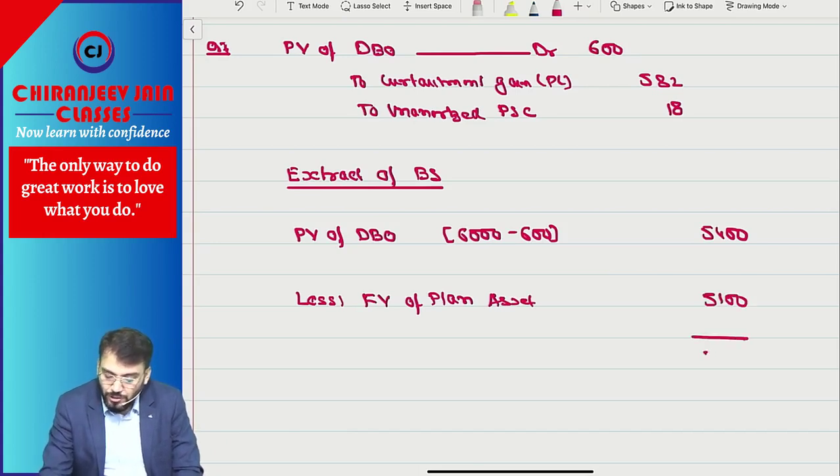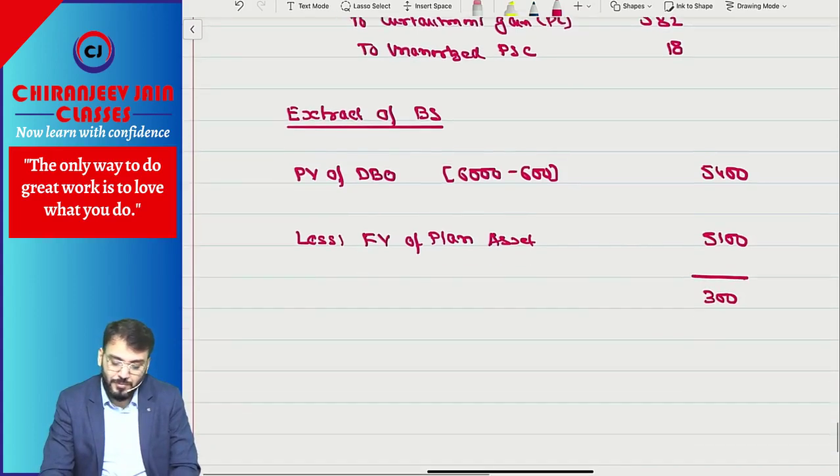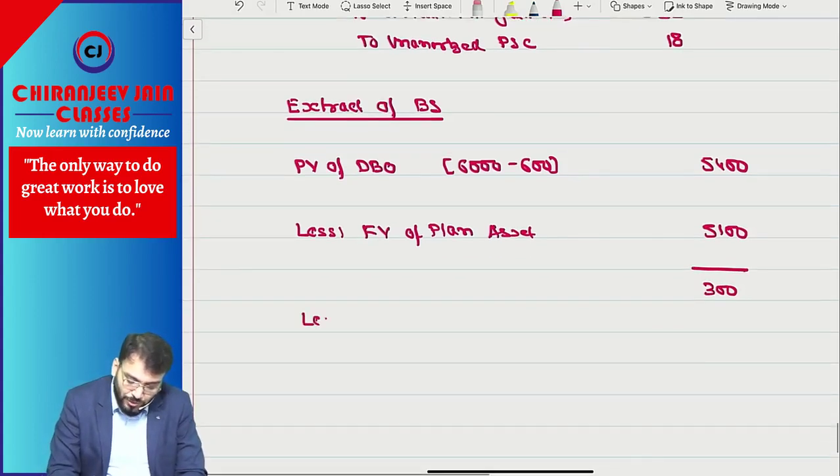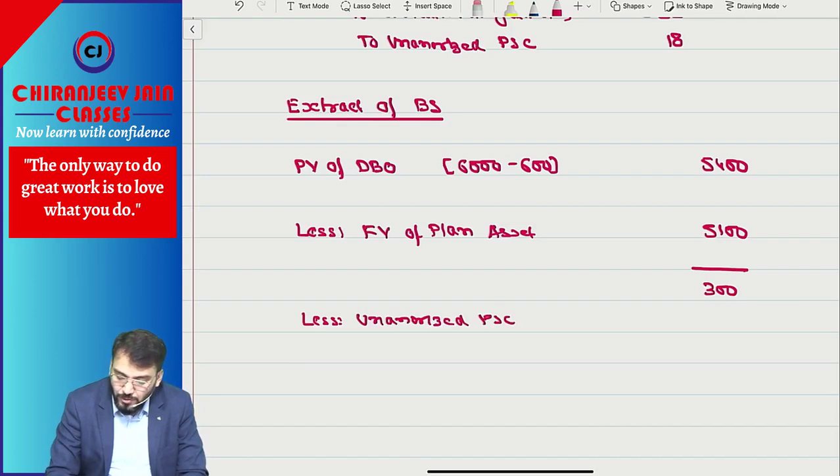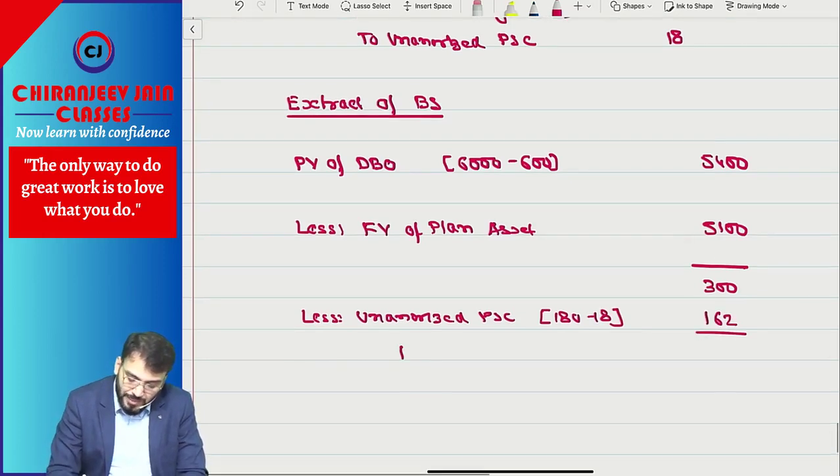5100. So this becomes 300, and from this we'll also deduct unamortized past service cost. That is 180 minus 18. How much? 162. So this becomes net DBO. DBO means defined benefit obligation.